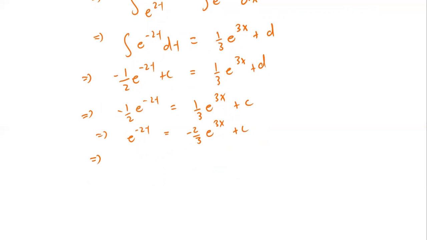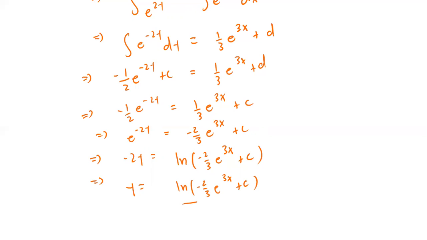We want to get rid of the exponential, so take the natural log of both sides. Finally, divide everything by -2. And that's the general solution.